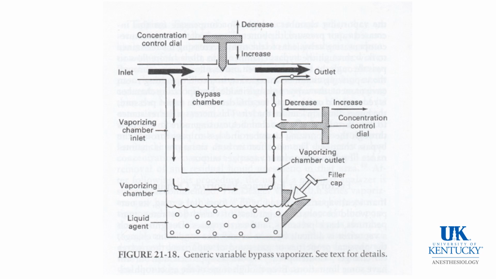This vapor has the same concentration that we just reviewed: 30% for isoflurane, 20% for sevo, 90% for desflurane. This then goes back and joins the remainder of the fresh gas flow. How much is diverted determines how much agent is being added, and hence the concentration being delivered.